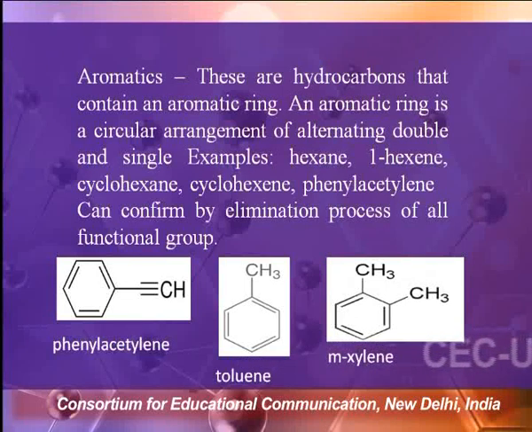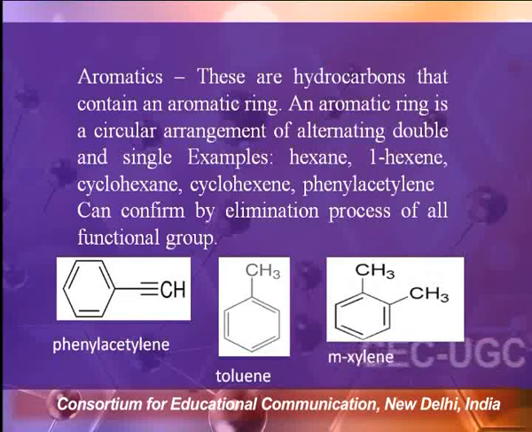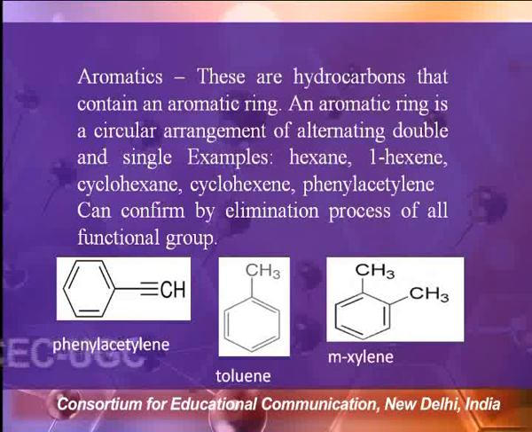What does it mean? It means the ring will not open, and the double bond will not be oxidized by the bromine solution. So, it will be neutral towards the bromine solution and neutral towards the KMnO4 solution.